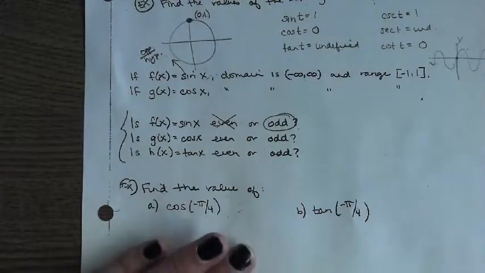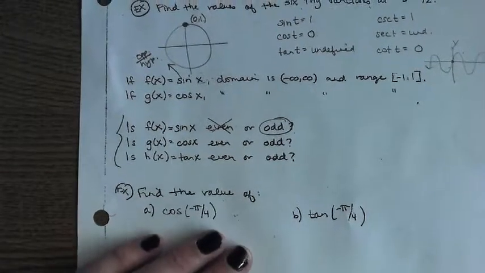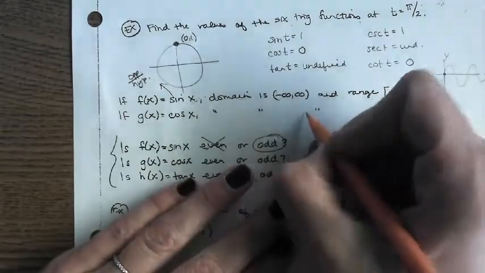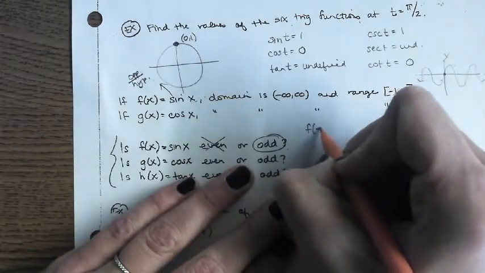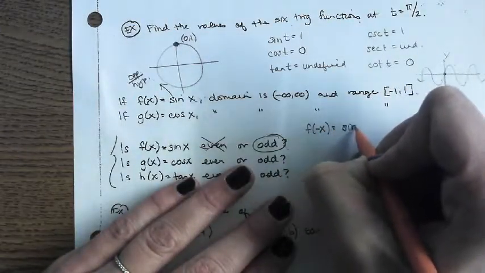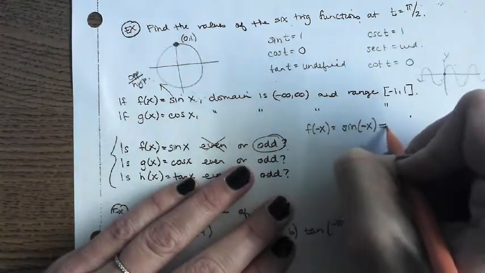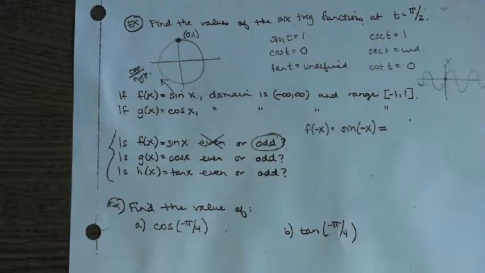But how about algebraically, what's the test? Plug in negative x. So if I do f of negative x, and I get the sine of negative x, what do I get back? So let's go back here.